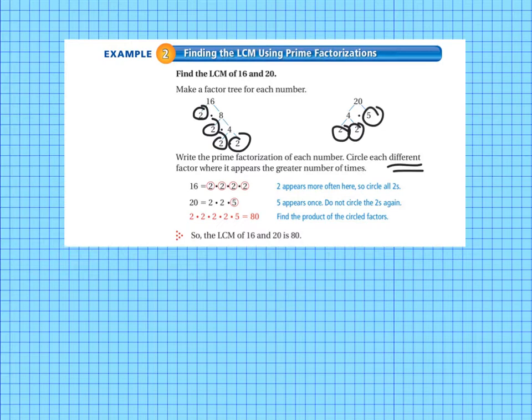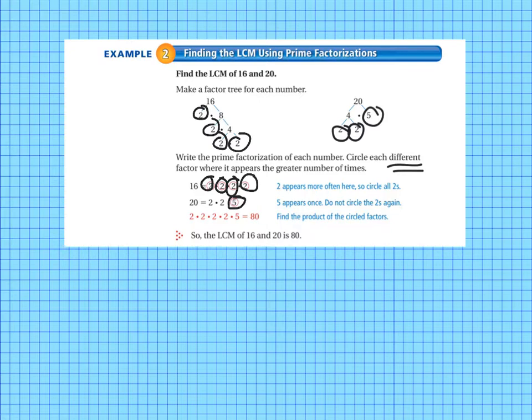So we circle all of those, which the book has done for us. And then we look down below and we see, well, we've also got a factor of 5, and it appears in the prime factorization of 20 the most times. So we're going to circle it there.